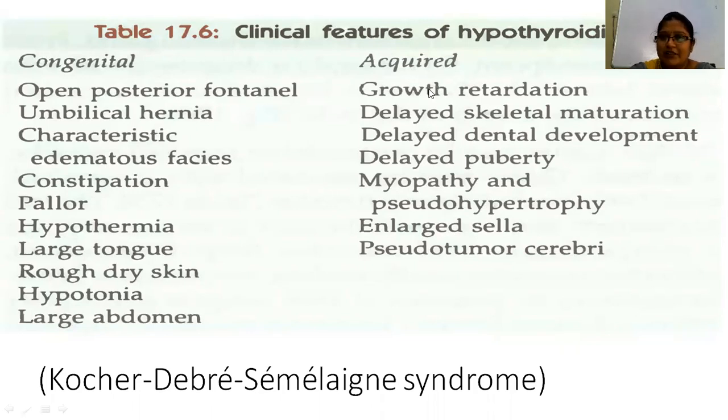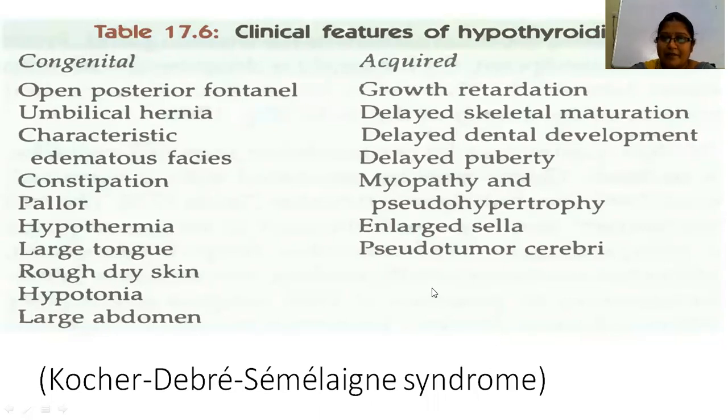Okay. So there is growth retardation and delayed skeletal maturation, delayed dental development, delayed puberty, myopathy and pseudohypertrophy, enlarged sella and pseudotumor cerebri. Okay. Kocher-Debré-Sémélaigne syndrome is due to long-standing hypothyroidism, and there is pseudohypertrophy of muscles giving an athletic appearance due to calf muscle involvement.